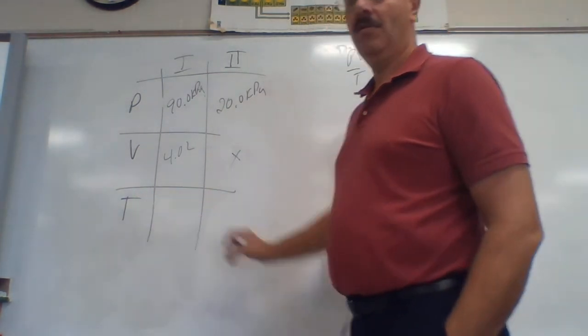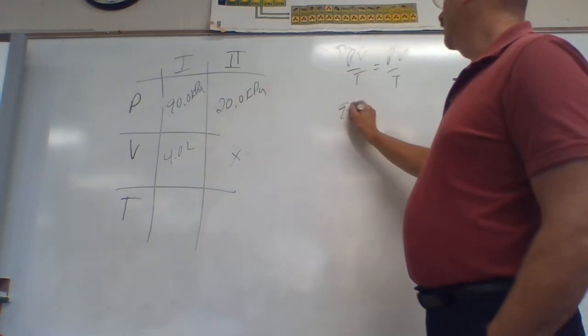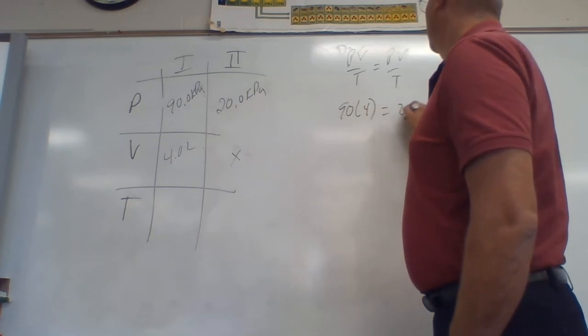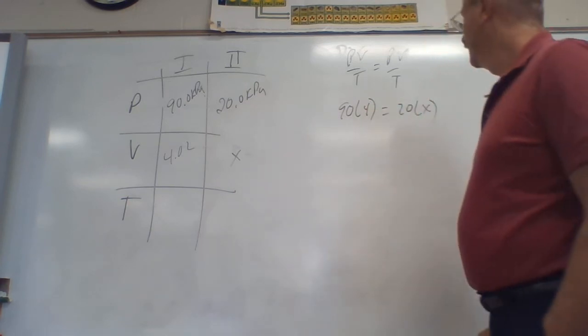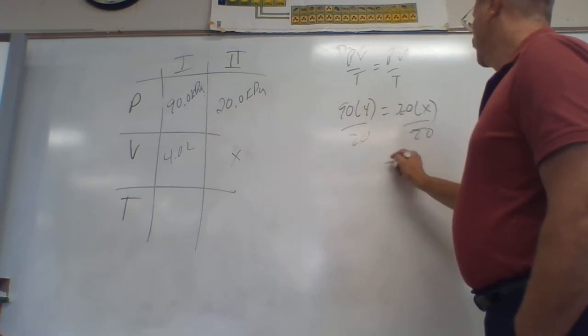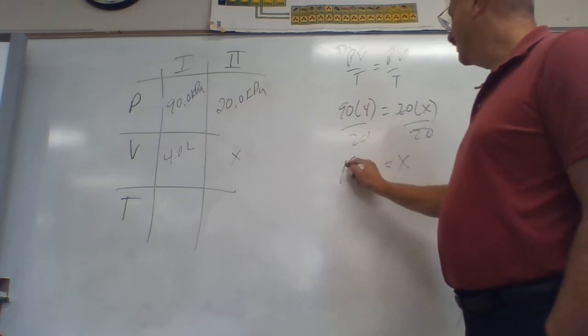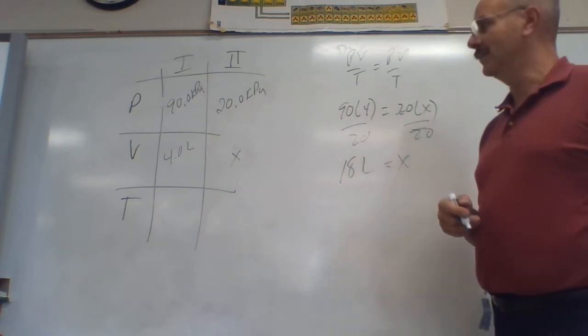So the temperature we get to ignore, we're doing P times V. So 90 times 4 equals 20 times X. So we gotta get X by itself, so divide both sides by 20. When you divide this out, you get 18. And we were after volume, so that's liters.